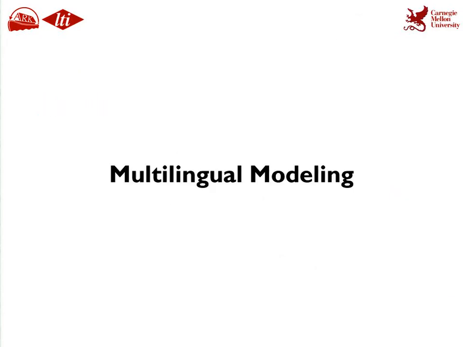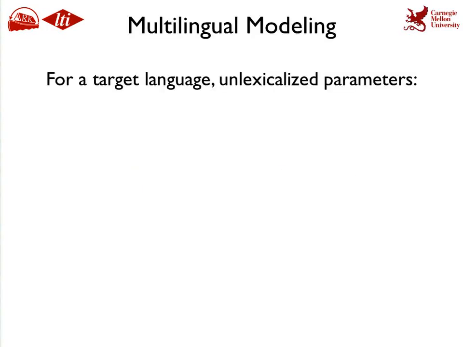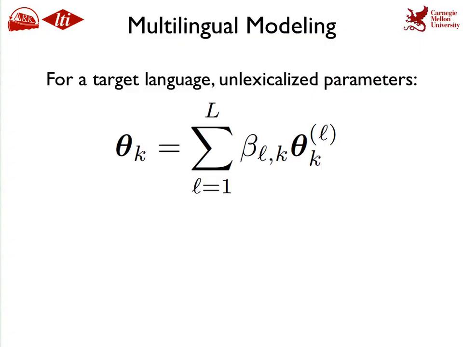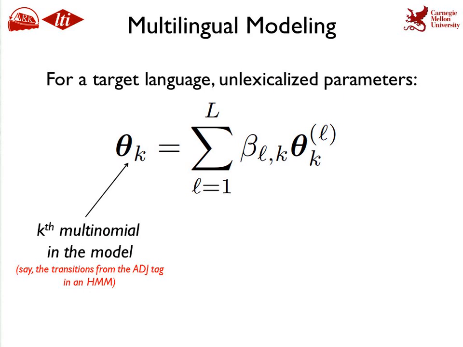So this is the crux of this part, which is multilingual modeling. Basically, for a target language, we define its unlexicalized parameters to be the interpolation of the corresponding unlexicalized parameters in the source languages. So this is the interpolation step. Over here, bold theta sub k is the kth multinomial in the model.